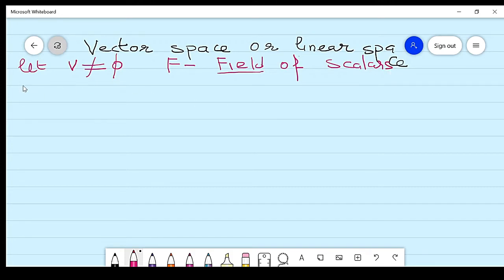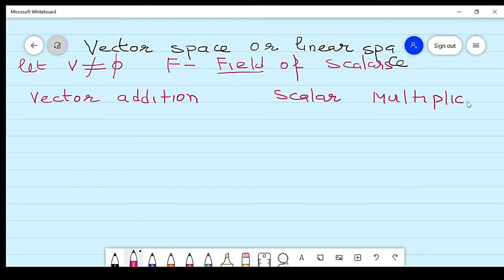Now we define two binary compositions. One is called vector addition, and the second is called scalar multiplication.